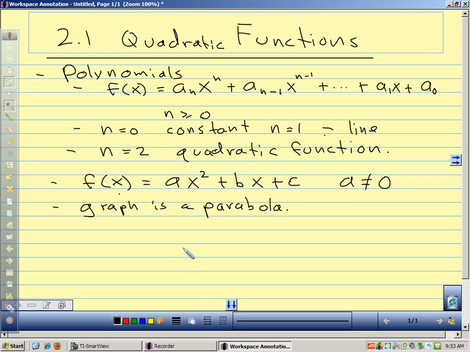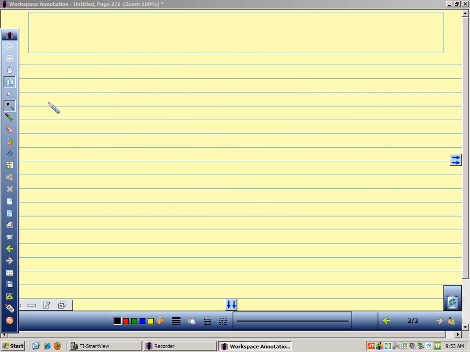If we wanted to sketch a parabola, I'll jump to a new page here. If I draw my axes here, and I wanted to sketch y equals x squared, where is going to be my vertex for y equals x squared?